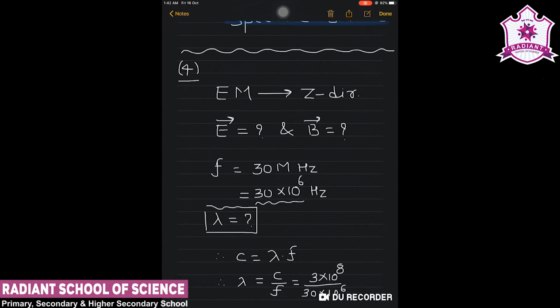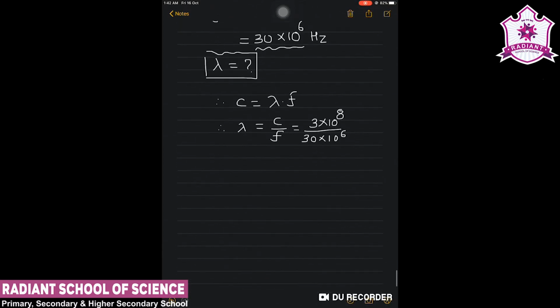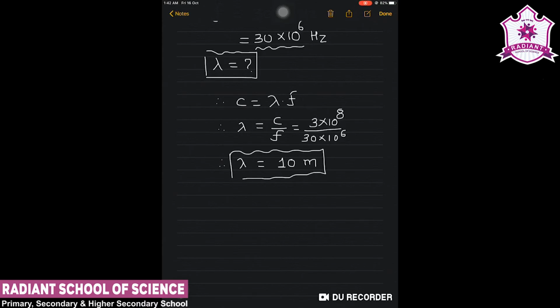When we put in the values, we get λ = 10 meters. So the wavelength of the given electromagnetic wave will be 10 meters.